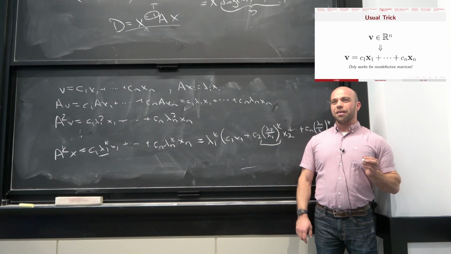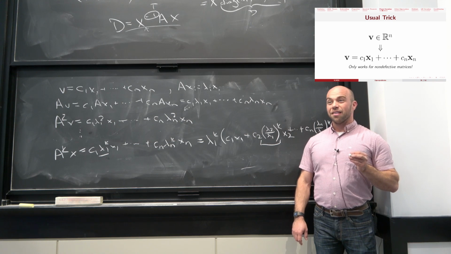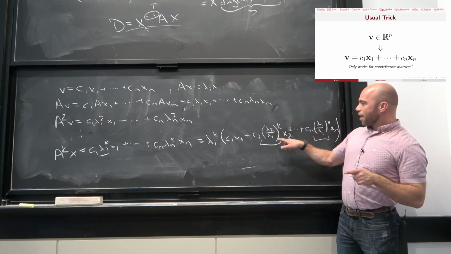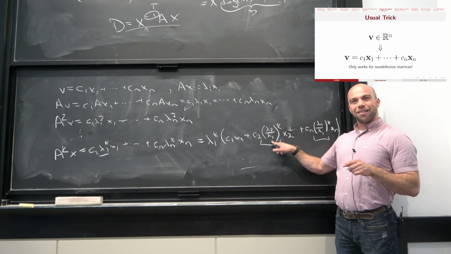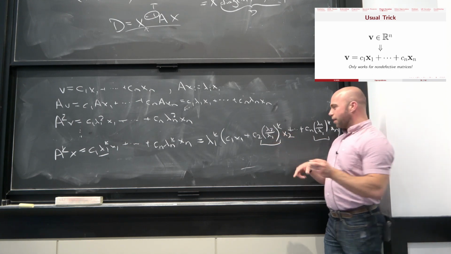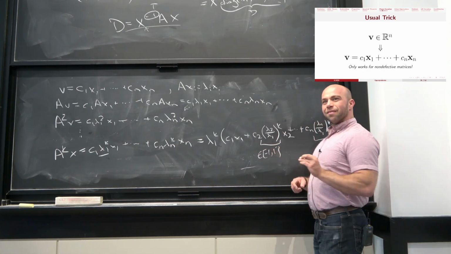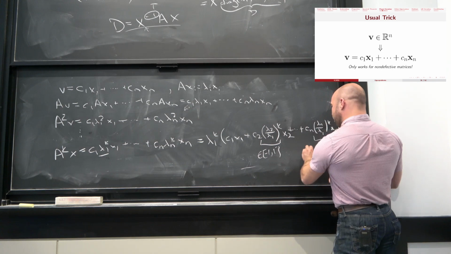Okay, so what do we know about each one of these coefficients? Remember that by definition, lambda 1 is the biggest eigenvalue, right? So lambda 2 over lambda 1 had better be in the range -1 to 1. And similarly for all of these things.